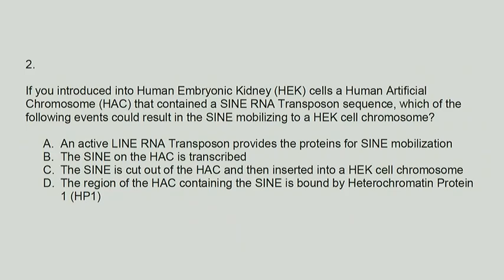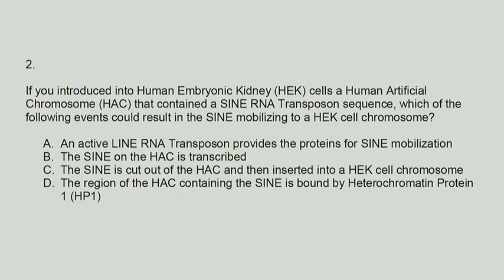Exactly. So if it was associated with heterochromatin, it would not be transcribable, right? And we've just determined from going through the answers that this SINE needs to be transcribed. Right? So RNA elements need to be transcribed. If this HAC that contains the SINE element is heavily associated with heterochromatin protein, it will be in heterochromatin, it will not be transcribable.